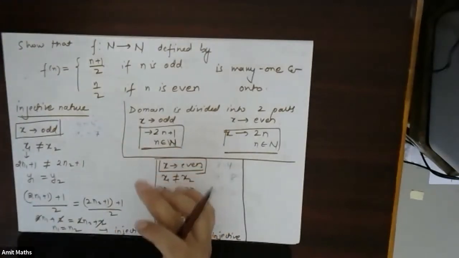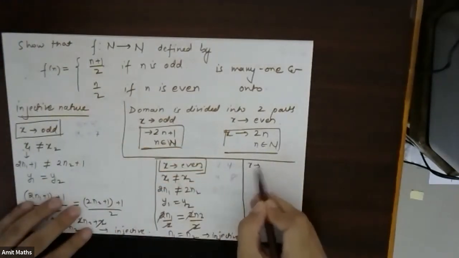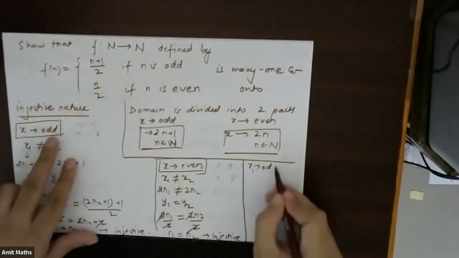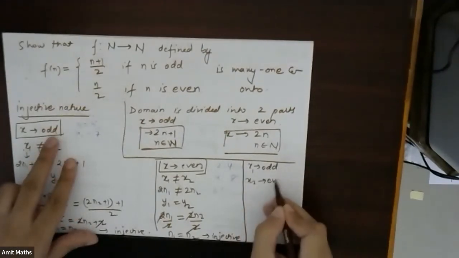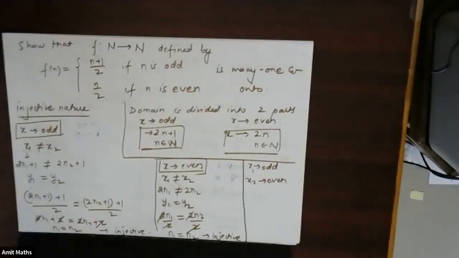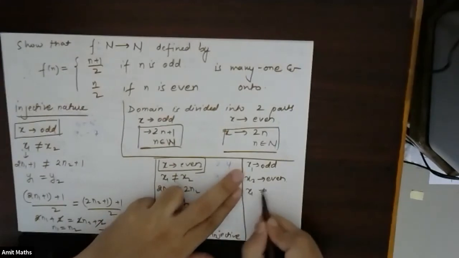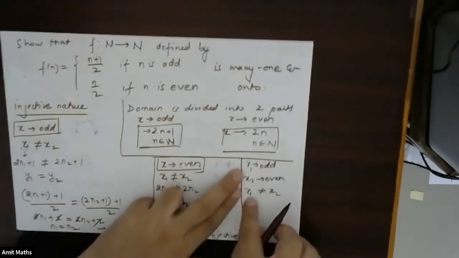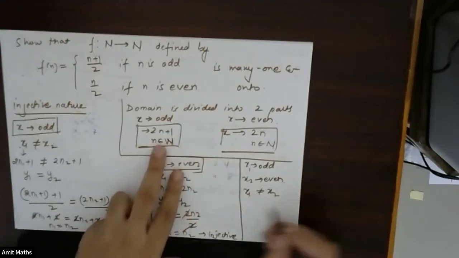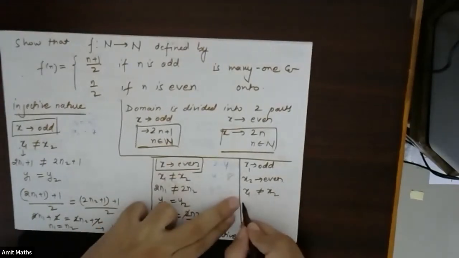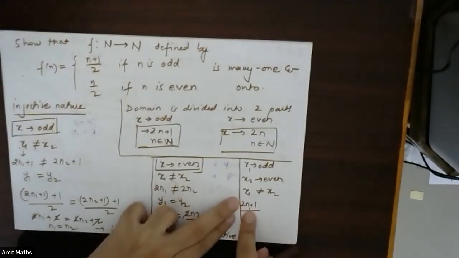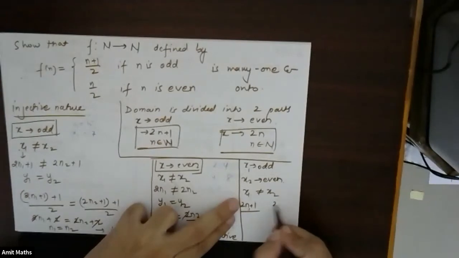The third case is when x1 belongs to odd and x2 belongs to even. Can there be a y which is equal? Let's see. I take x1 not equal to x2. If x1 is odd, I can write x1 as 2n1 plus 1, and since x2 is even, I can write x2 as 2n2.